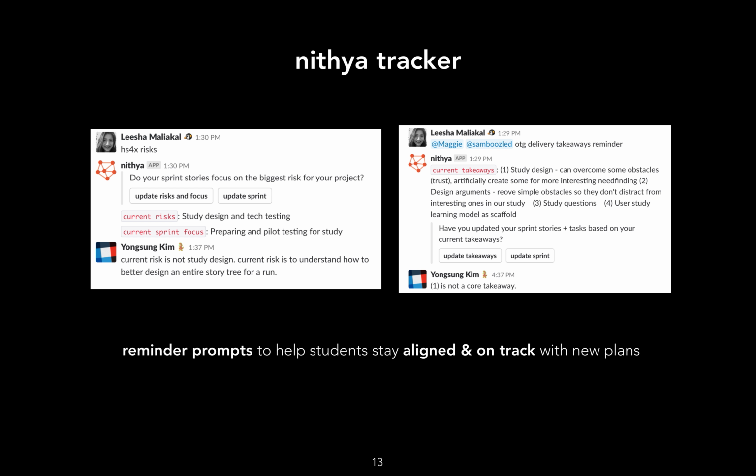And the other example on the right side is taking the takeaways from the meeting and then reminding the students of that shortly after the meeting. In every SIG meeting, students will write down takeaways, but they don't necessarily say them out loud again back to the mentor, where they can do this kind of correction process. So this is an example of trying to do that online, where the bot says, okay, these are the takeaways that the students wrote down, and reminds the students of that, saying, have you updated your sprint stories to really incorporate these takeaways?